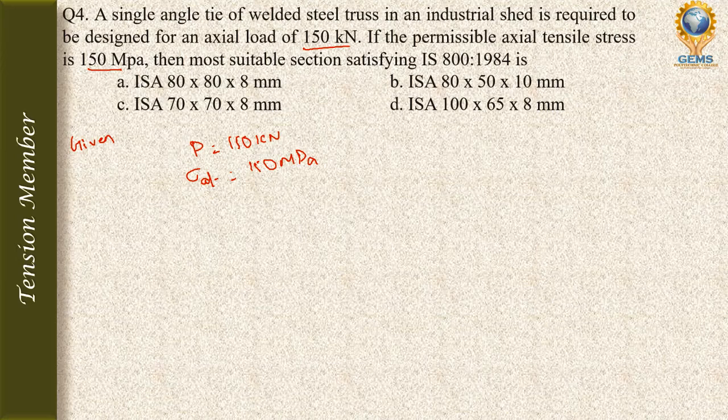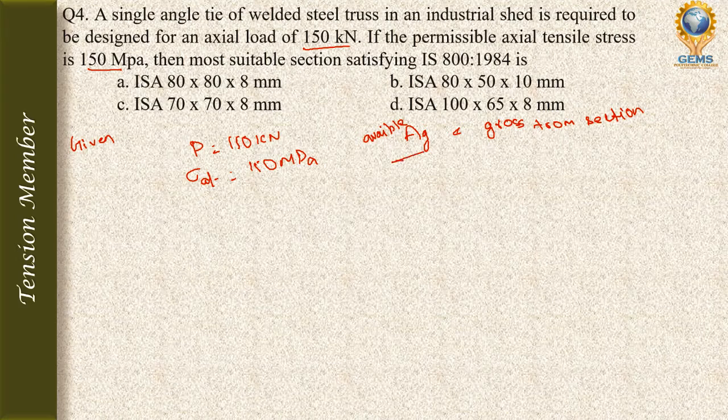So how can we go about it? To select the most suitable section, we have to find the available AG, that is the gross area, and the gross area from the section. Sections' gross areas we will calculate.